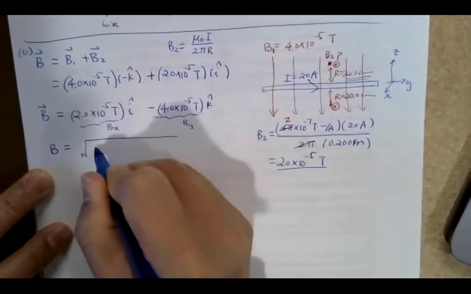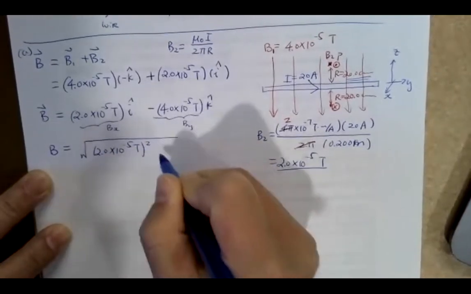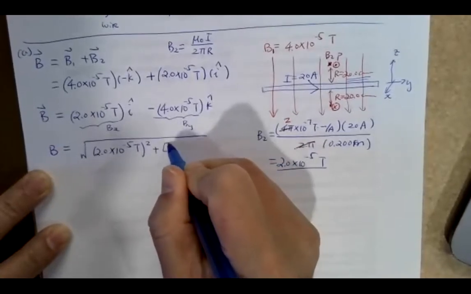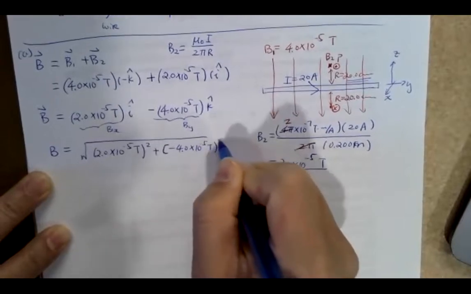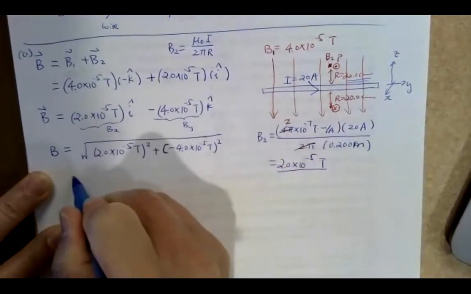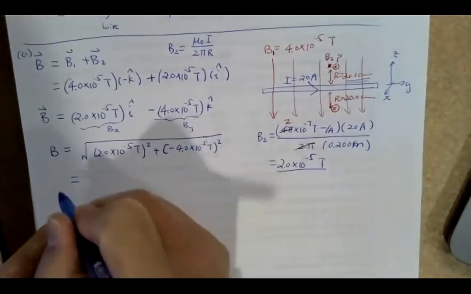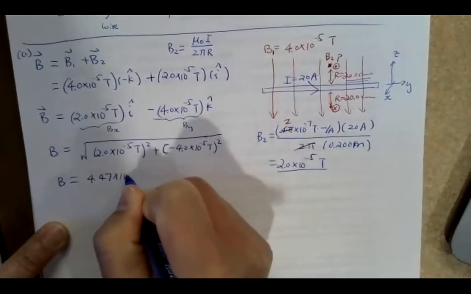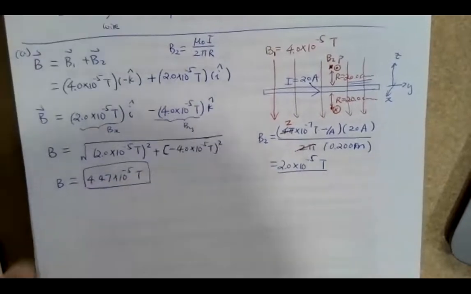So square root of 2.0 times 10 to the minus 5 Tesla squared plus minus 4.0 times 10 to the minus 5 Tesla, okay, squared. So you get your B magnitude to be 4.47 times 10 to the minus 5 Tesla. Okay.